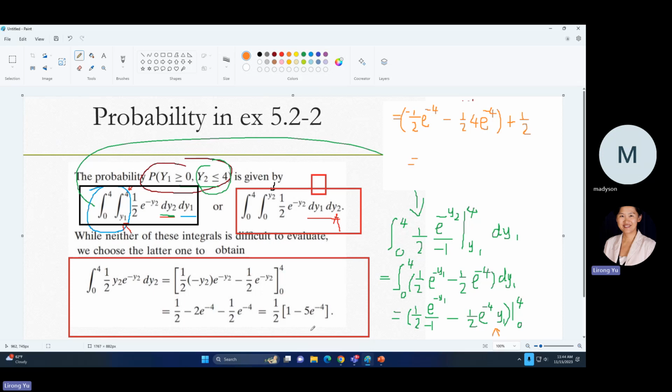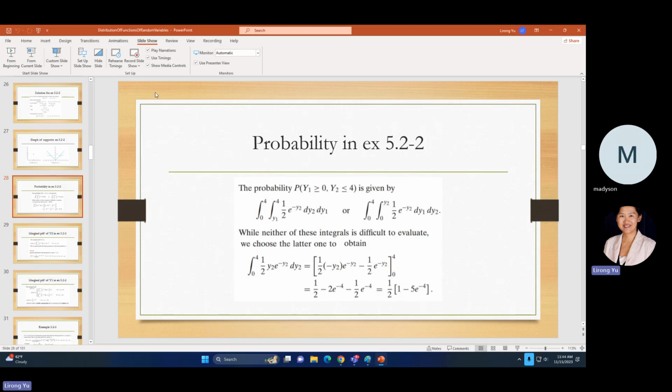Altogether, it would be the same value. But I think the computation is shorter here, because we have this result for the antiderivative, whereas the other needs a lot of extra steps. So I think the first integration should be easier. We should try it, but it's the same answer.